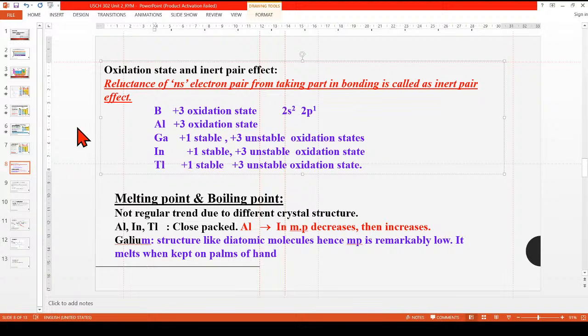So in case of boron, what is happening when 3 chlorine atoms come in the vicinity of boron? All these 3 electrons, 1 electron from the p orbital and 2 electrons from the s orbital, are removed.